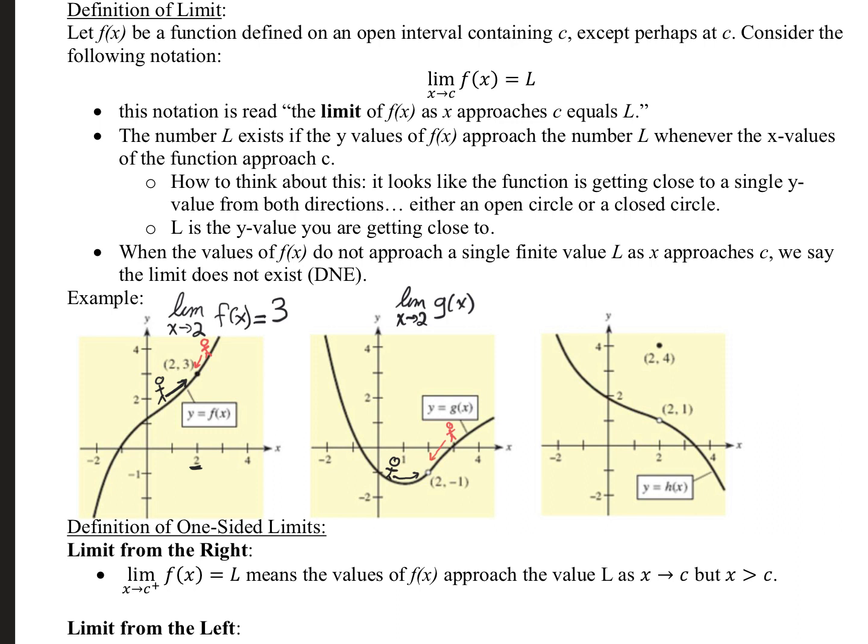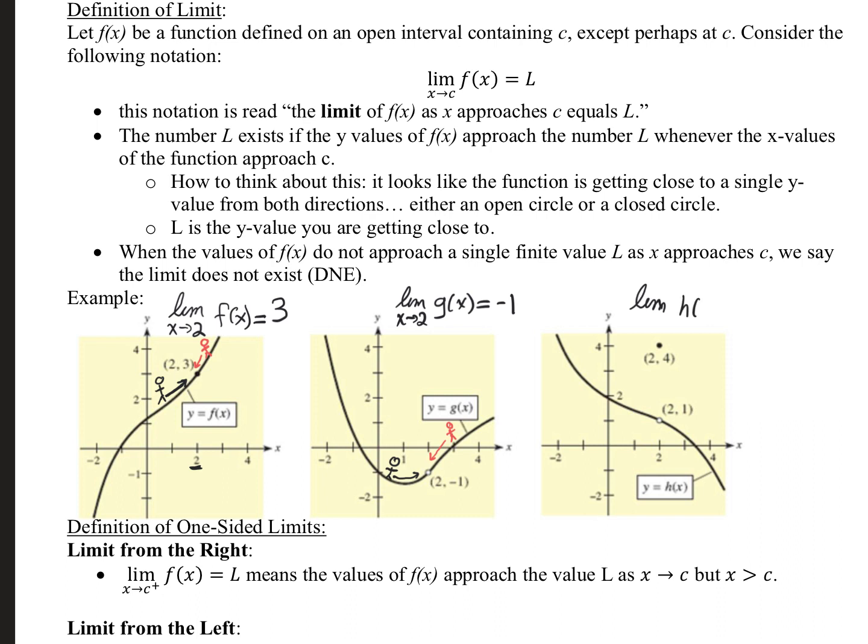Are they also approaching the same value? We see that they are. So since both of these people are approaching the same y value as they get closer and closer to the x value of 2, we say that that y value of -1 is the limit of the g function as x approaches 2.